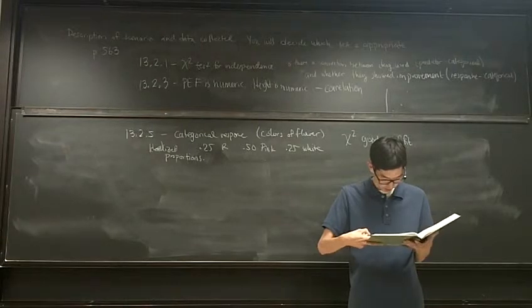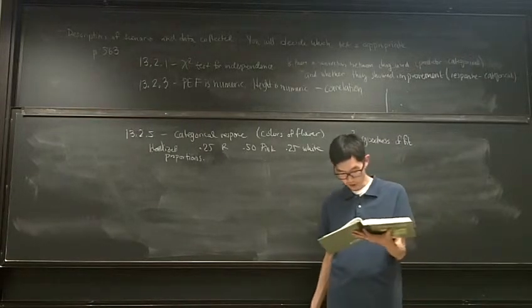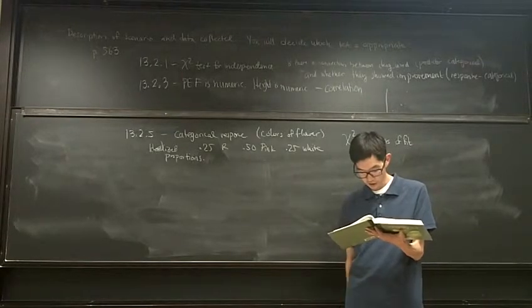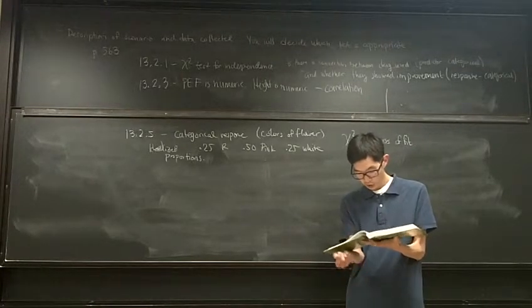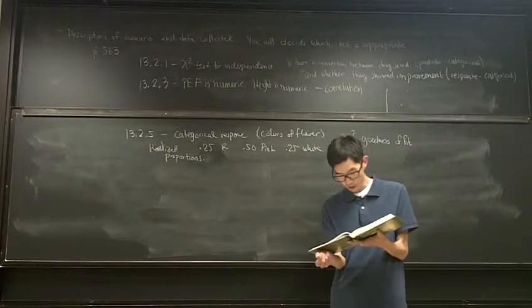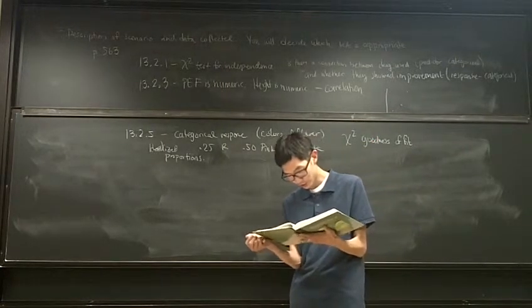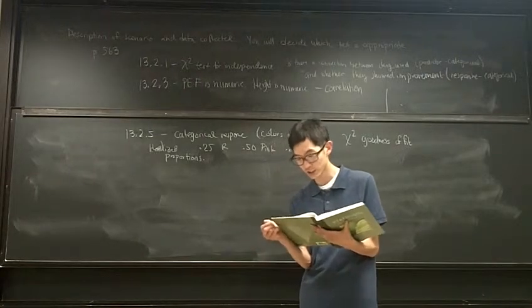Let's see, 13.2.7, okay. The effect of diet on heart disease has been widely studied. As part of this general area of investigation, researchers were interested in a short-term effect of diet on some kind of function, such as the effect of triglyceride level on the triglyceride level.